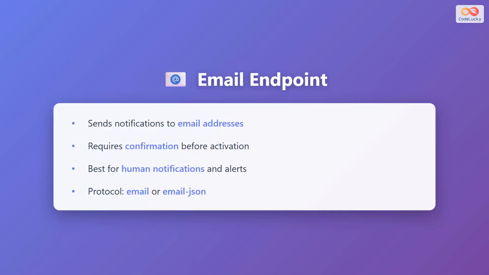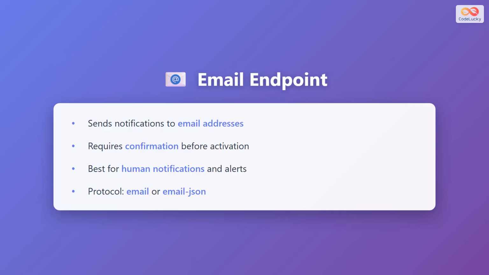Email endpoints send notifications directly to email addresses, making them ideal for human notifications and alerts. When you subscribe an email address to an SNS topic, the subscriber must confirm their subscription by clicking a confirmation link sent to their inbox. This confirmation step ensures that only legitimate subscribers receive messages.